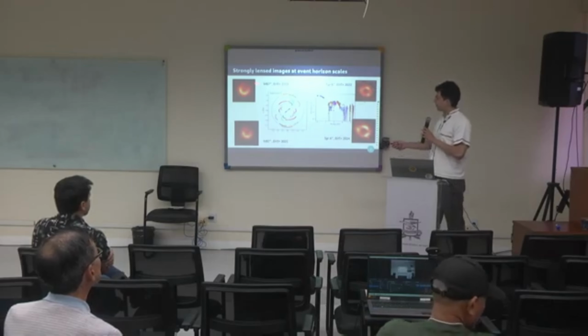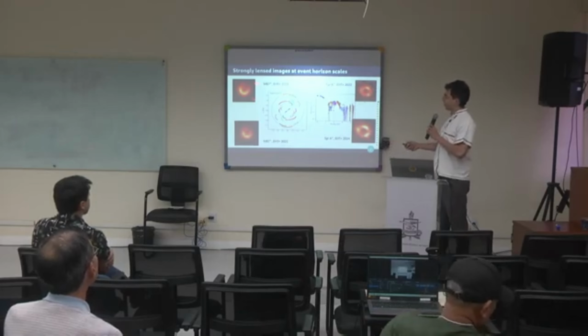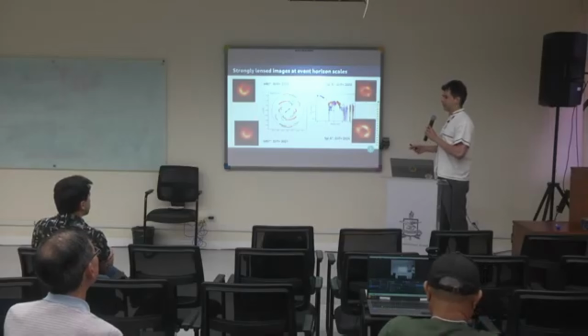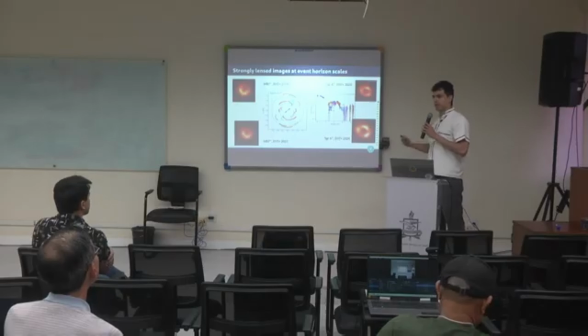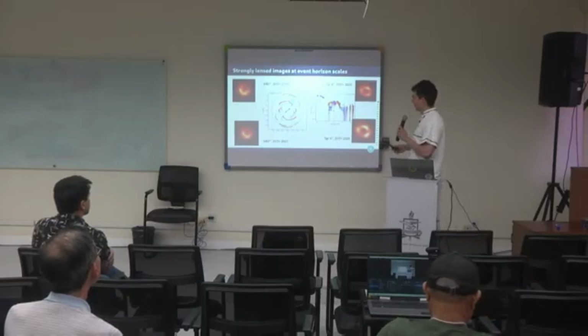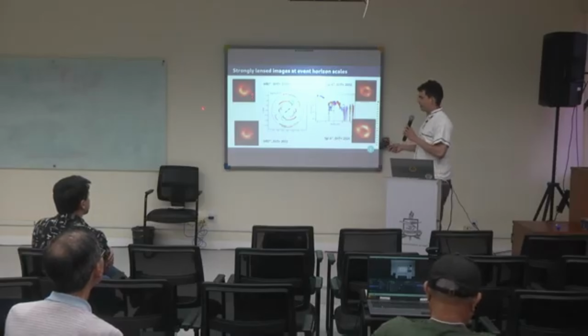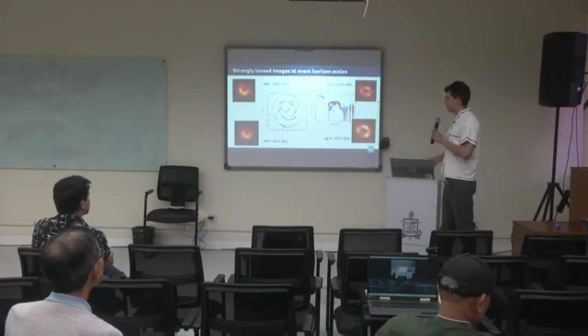We have been able to image 2 of the nearest supermassive black holes, namely Sagittarius A star and M87. And we have imaged them at the radio frequency of 230 gigahertz. The information that we have about them is in total intensity of radiation and also in polarization.